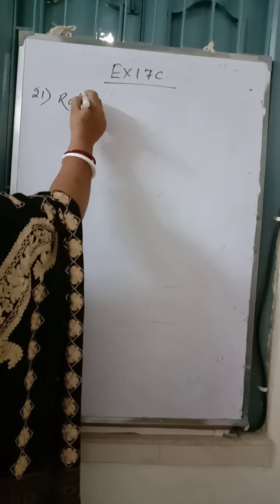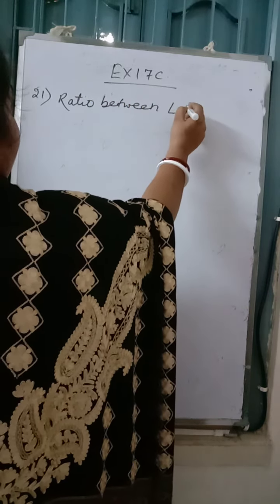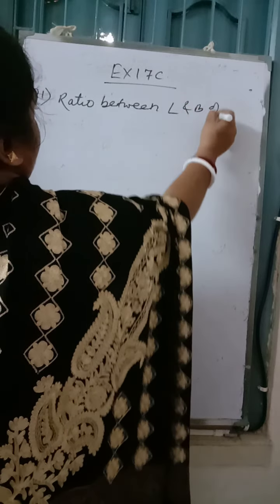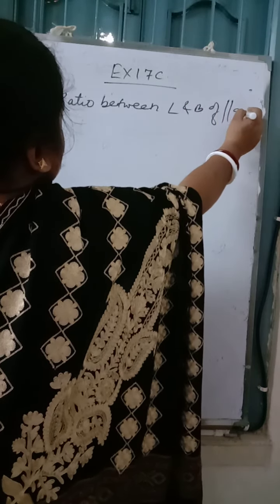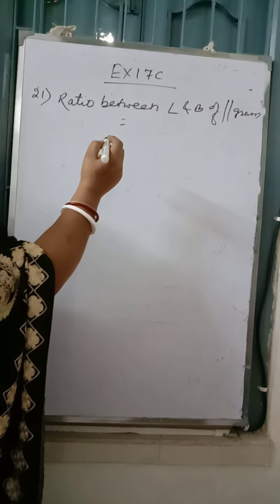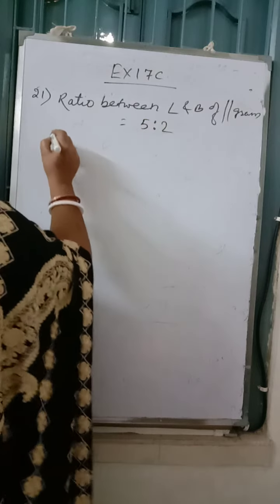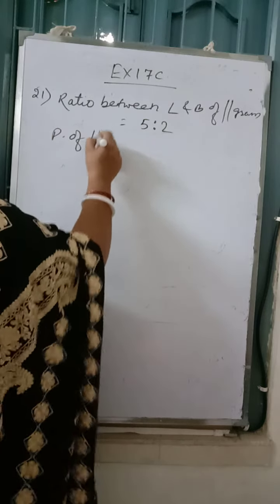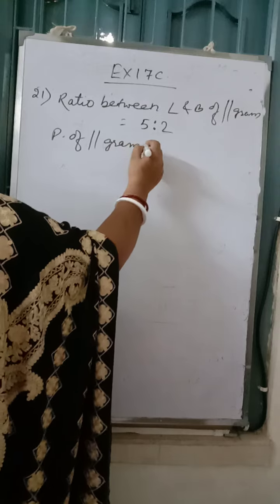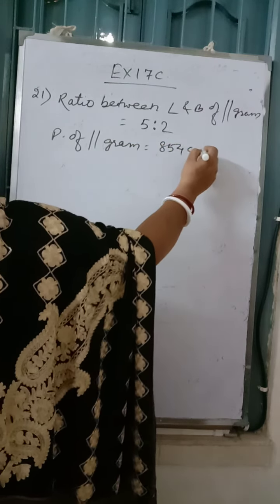Ratio between length and breadth of parallelogram is equal to 5:2. Perimeter of parallelogram is 854 centimeter.